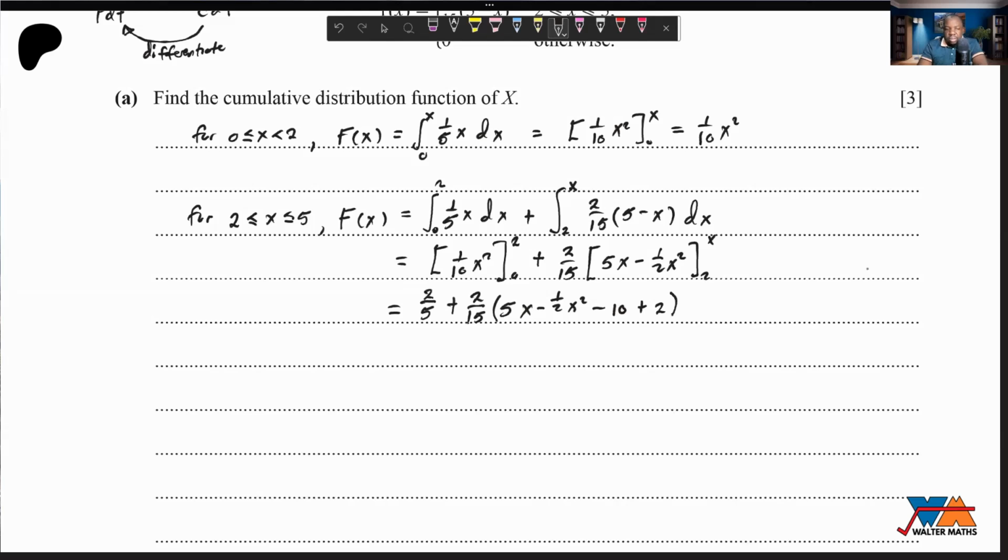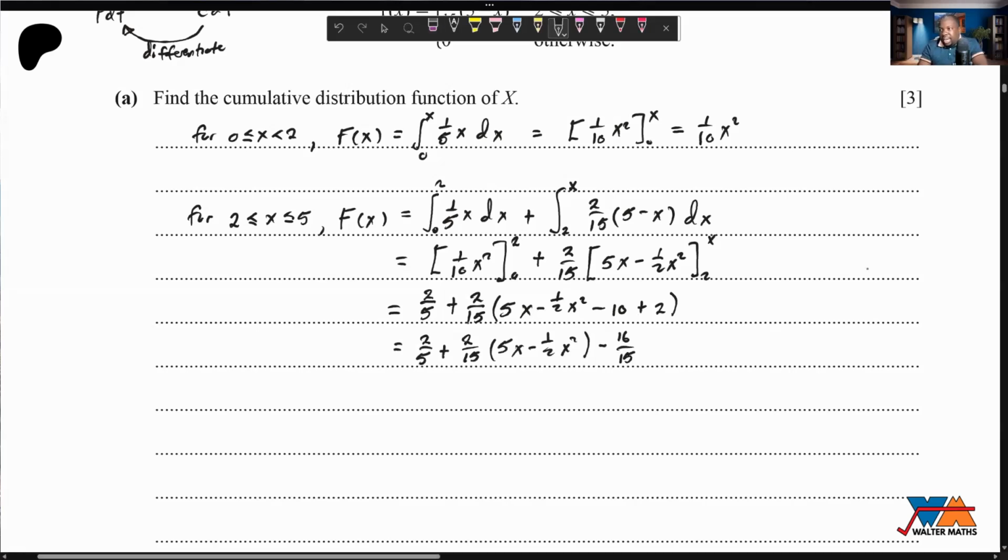So we have 2/5 plus 2/15 of 5x minus half x squared, and for the minus 10 plus 2, that's minus 8. And minus 8 times 2/15 is going to give us minus 16/15.